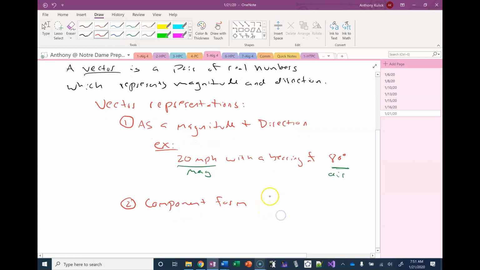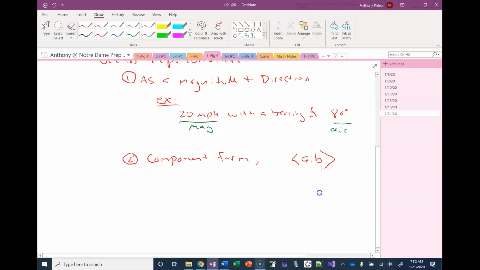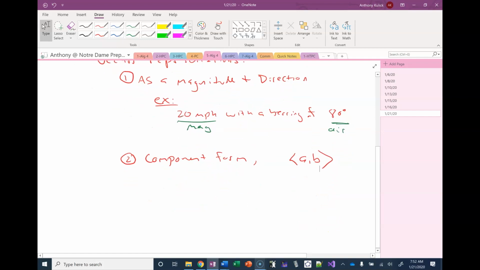Next is as a component form. The way we denote a vector in component form is we use the two wedged brackets, and then we'll write like an ordered pair there.